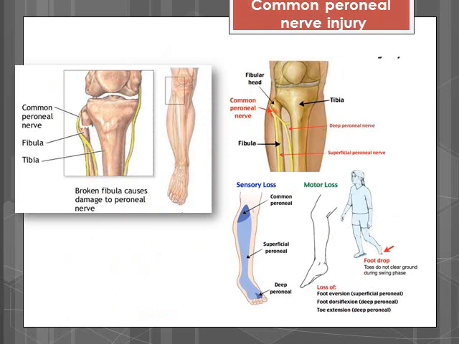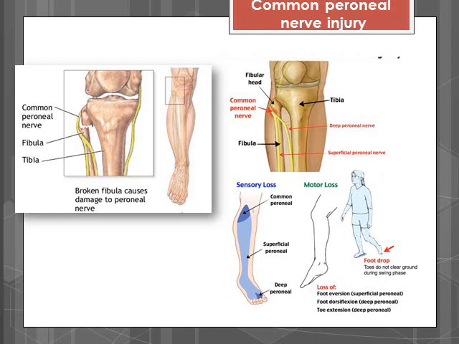One of the important clinical points regards the injury of the common peroneal nerve. The cause is mostly a fracture of the neck of the fibula or a wound in the popliteal fossa.